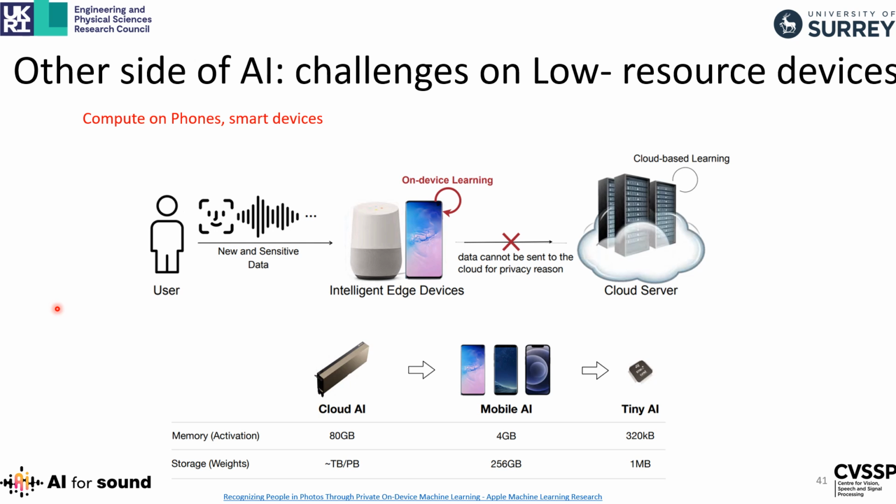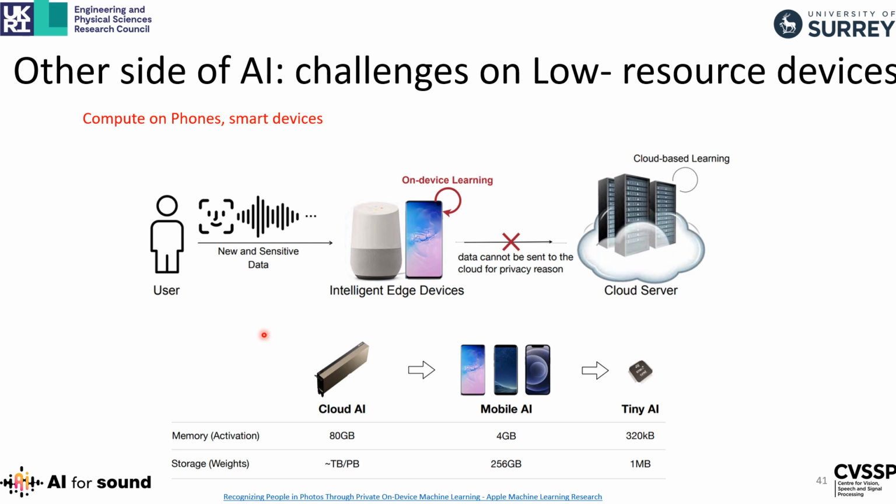And from the perspective of using AI on edge devices, for example on your wearable smart watches or multiple sensors working together in future, which have low resource availability, large AI models are not practical to deploy.